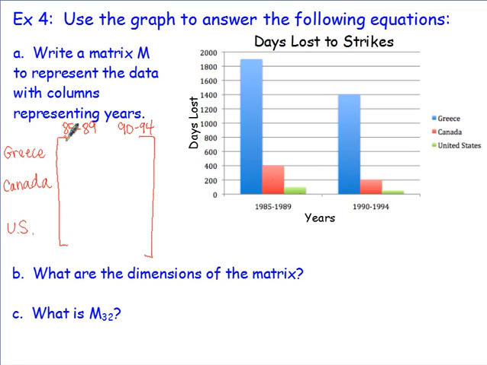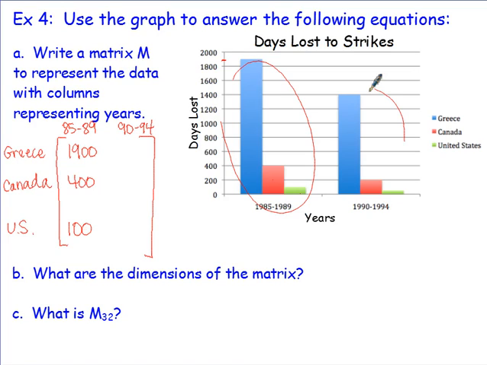So 85 to 89, that's this group of bars. Greece is up here at, in between 1800 and 2000 is 1900. Canada is dead on at 400. And the US is right in the middle of 0 and 200, which is 100.